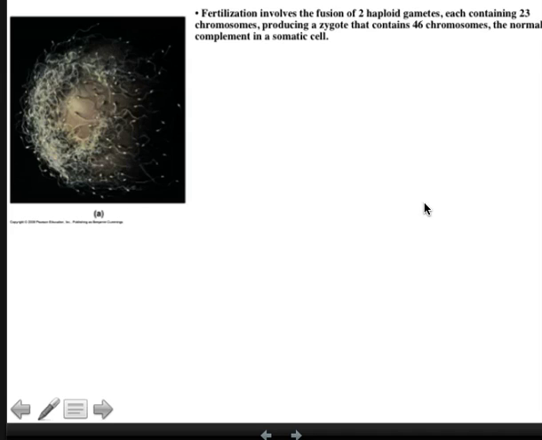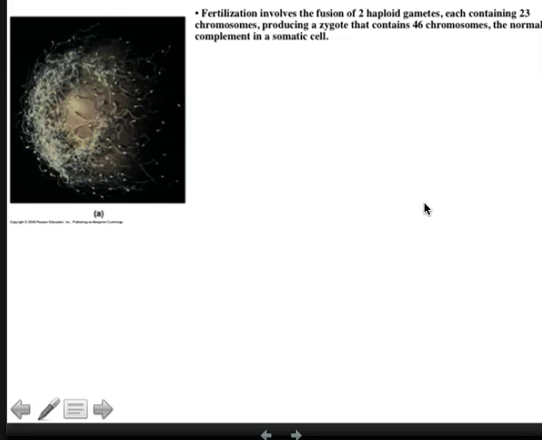At that point, we've generated a cell that contains 46 chromosomes, and not only that, a novel arrangement of the genetic material on those 46 chromosomes and a novel selection of those 46 chromosomes, distinct from either of the two parents.